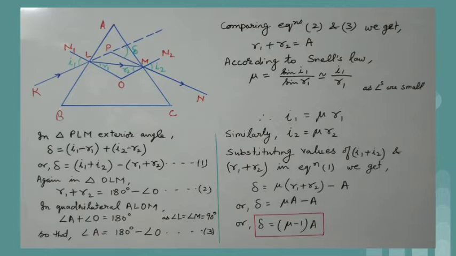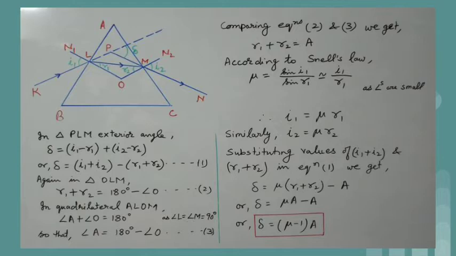The refracted ray then falls on refracting face AC at incident angle R2 and finally refracted at angle I2 bending away from the normal N2O. The emergent ray MN makes an angle delta with the direction of the incident ray, which is the angle of deviation.